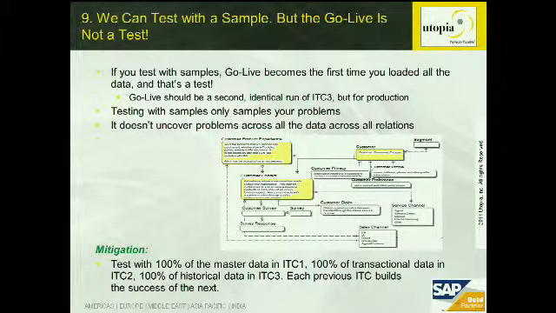And then maybe ITC3, you're up to 50% of your data. Well, that means that when you go live, that's the first time you've used the whole data set. But go live is not supposed to be a test. If you do it with sampling of data all the way through, go live is now a test, and that's not the way it's supposed to be.